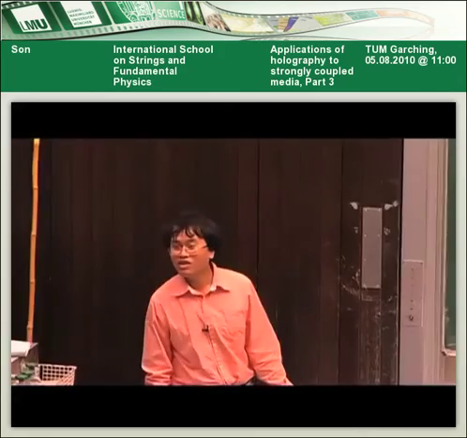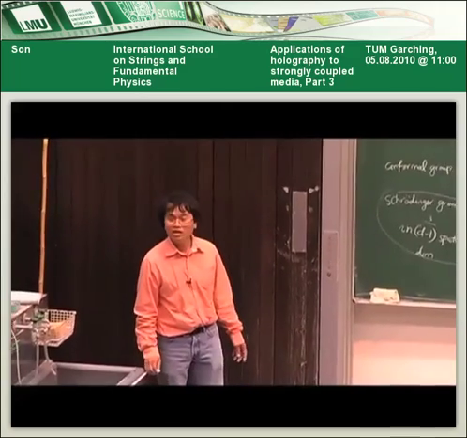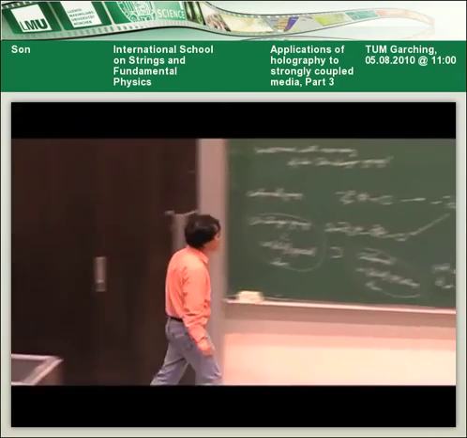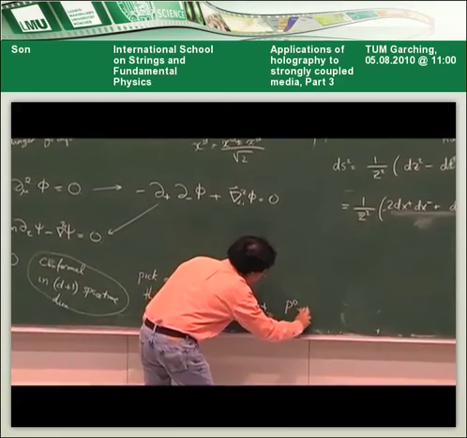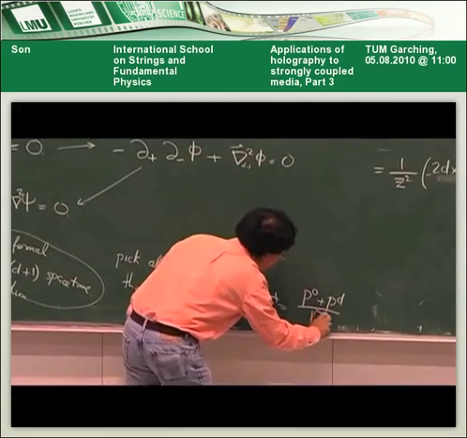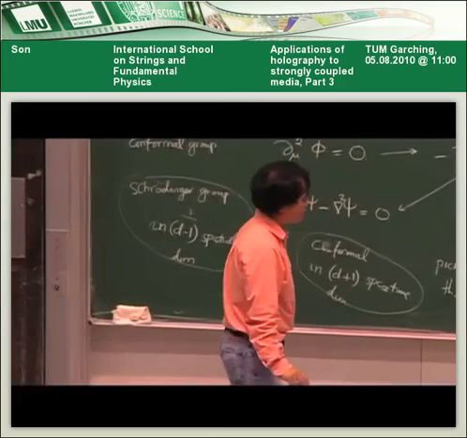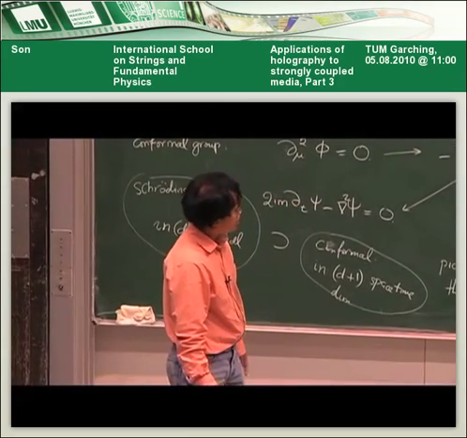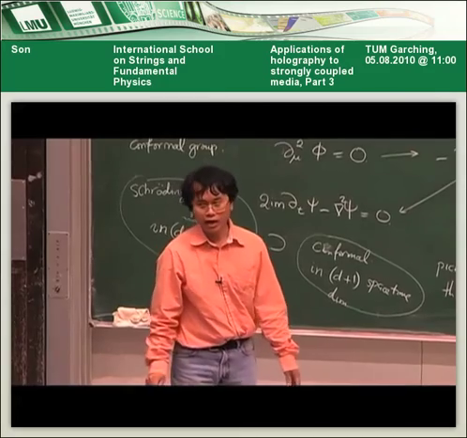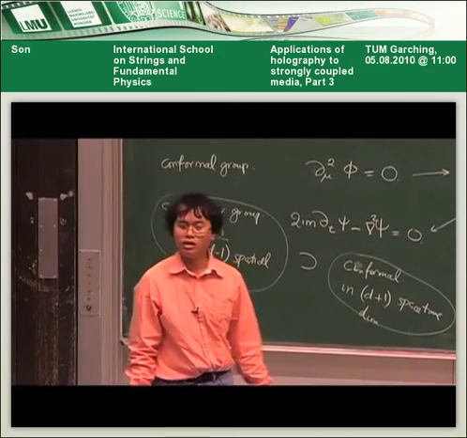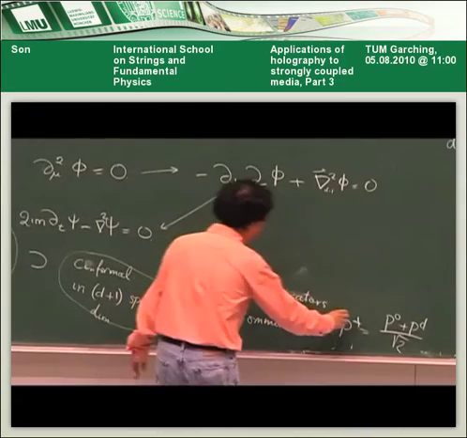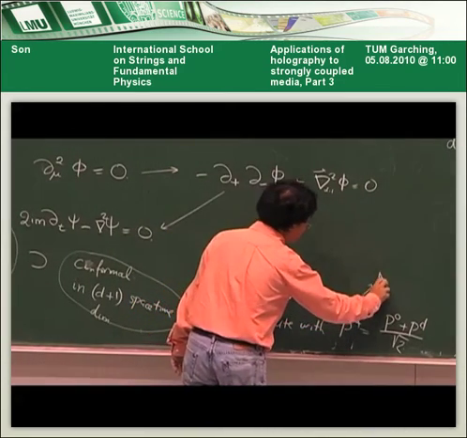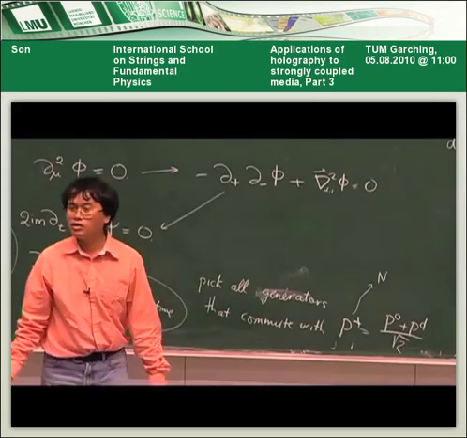P is equal to P naught plus PD over root 2, something like this. The P plus operator maps into n. P plus going to map into n in the Schrödinger group.